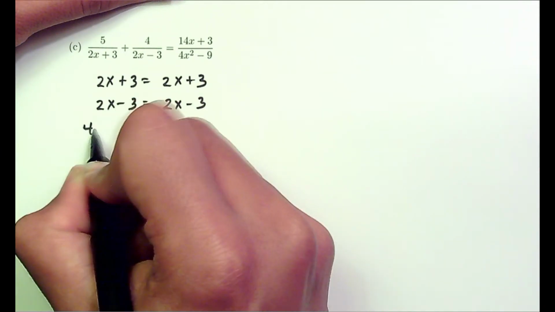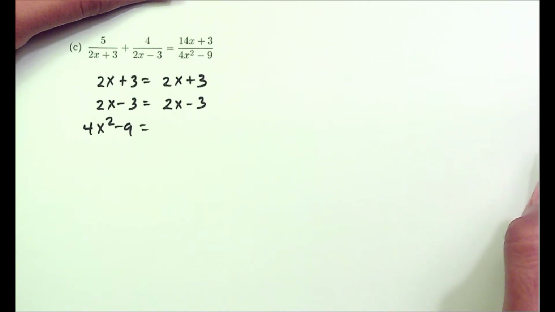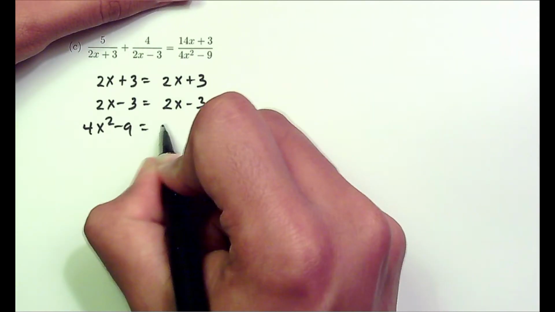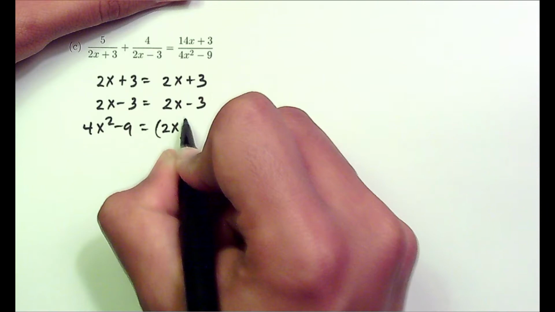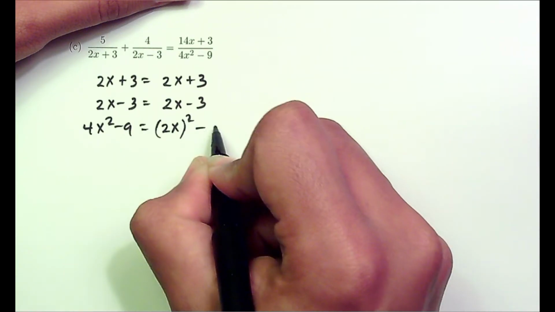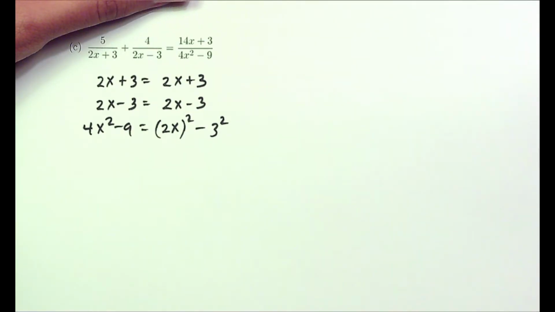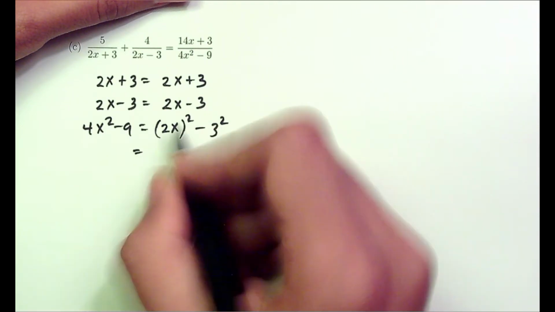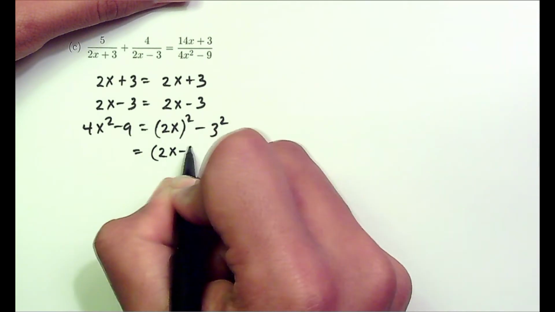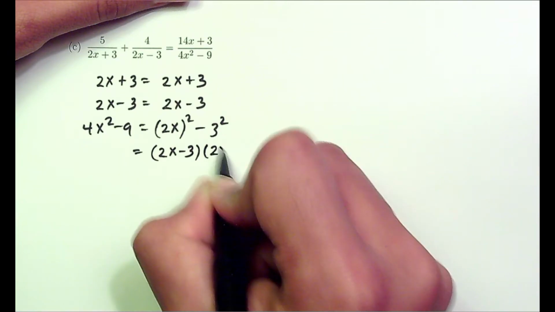The third one does factor because it is actually a difference of squares. 4x squared is the square of 2x, and 9 is the square of 3. So using the difference of squares formula, this is 2x minus 3 times 2x plus 3.